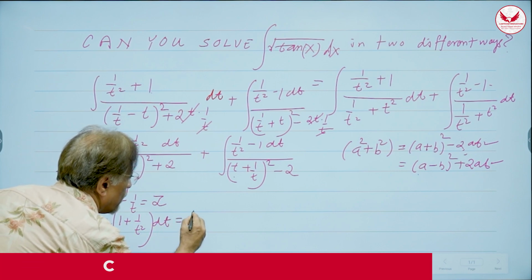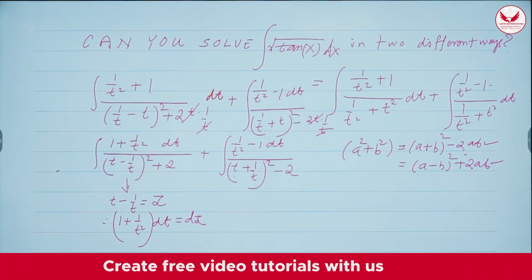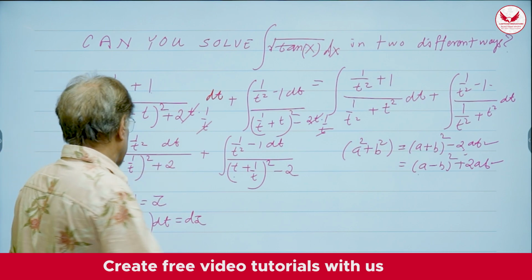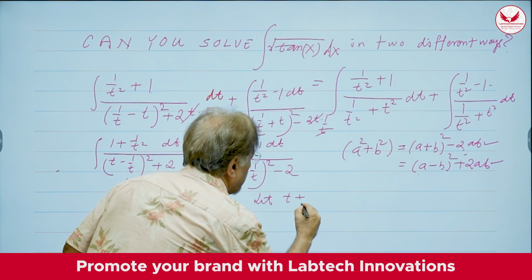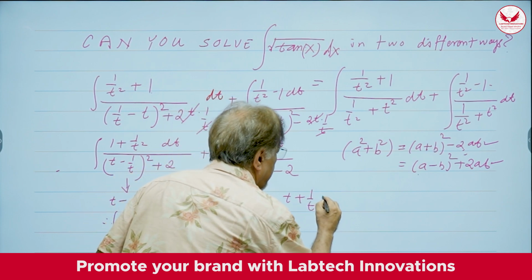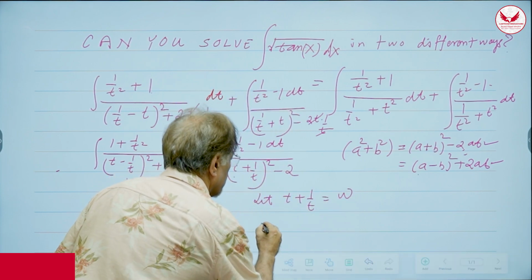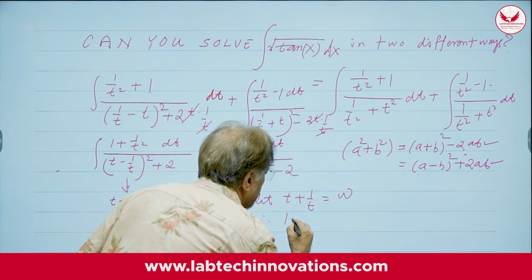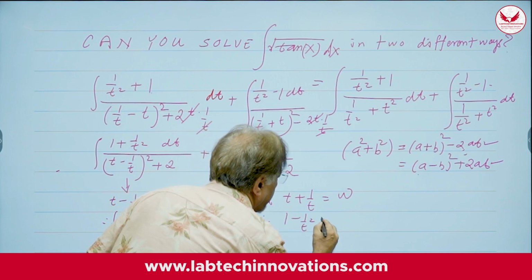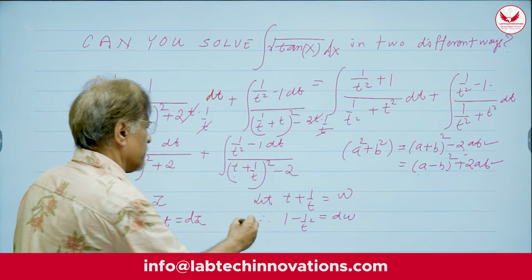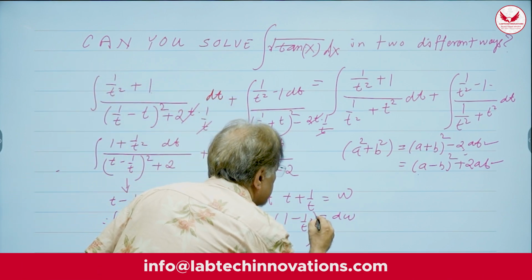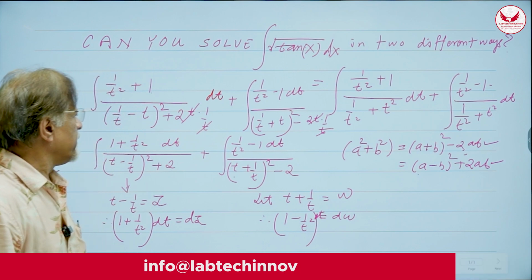This will reduce to what? dz. Okay. Now here I am going to substitute, let t plus 1 upon t be equal to w. So therefore its derivative will be 1 minus 1 upon t square. That will become dw. Of course, dt here is equal to dw.